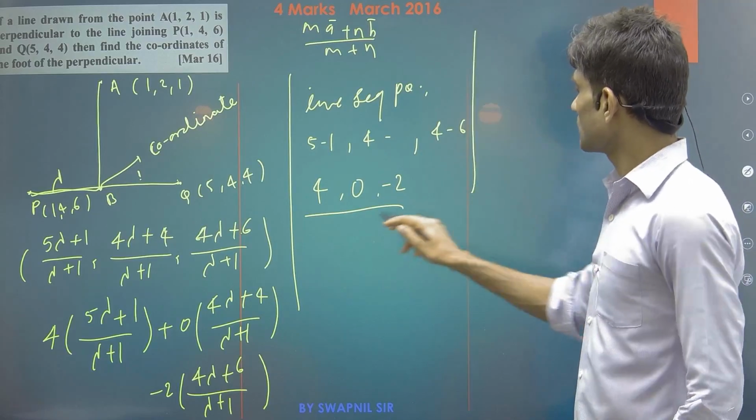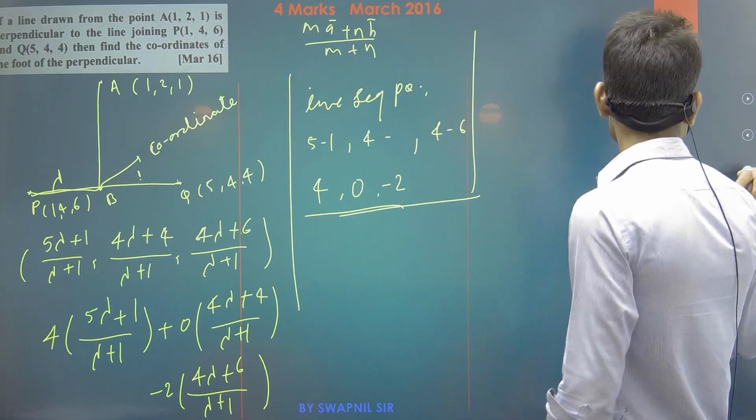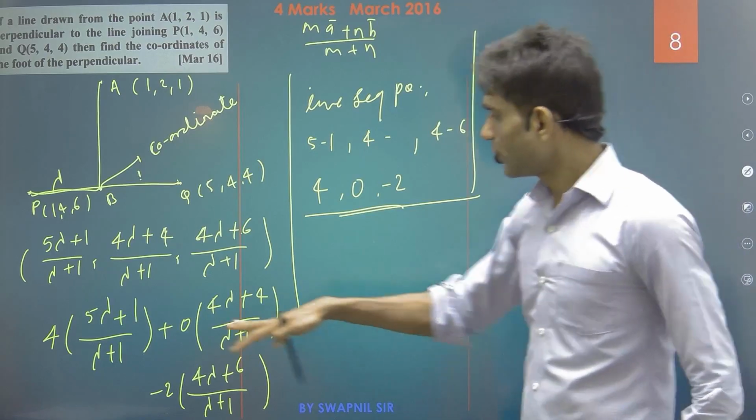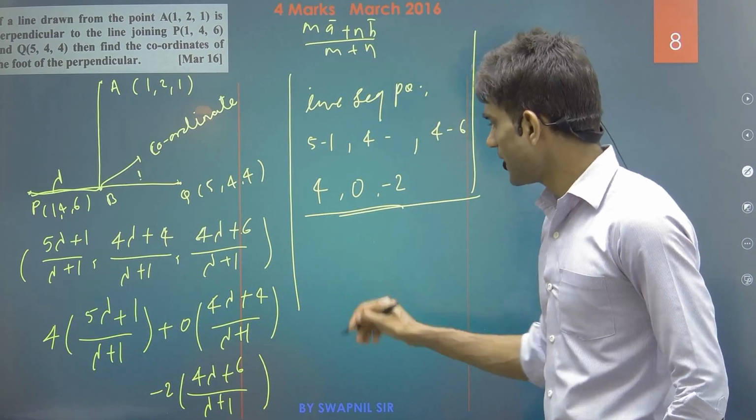So let's go for the next part. The linear combination, the first plus the second plus the third, is equal to 0.